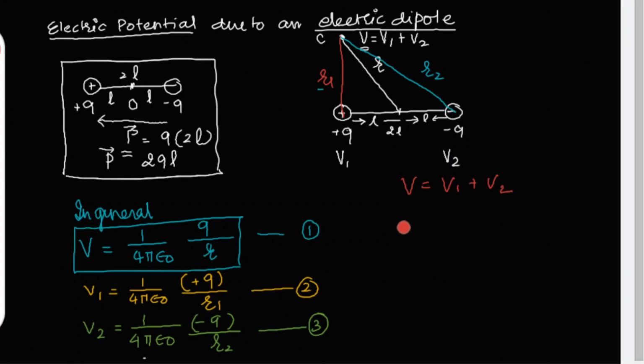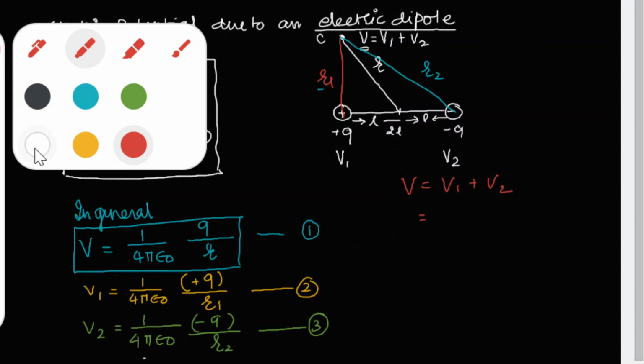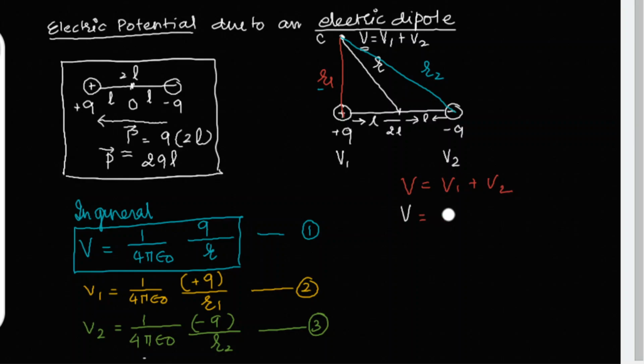Now we will get the values of V1 and V2 from equations number 2 and 3. So I'll write V is equal to, in square brackets, the V1 value: 1 upon 4 pi epsilon 0, Q, positive Q as it is, without sign, divided by R1.